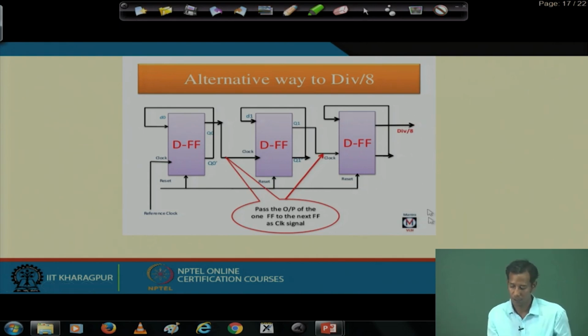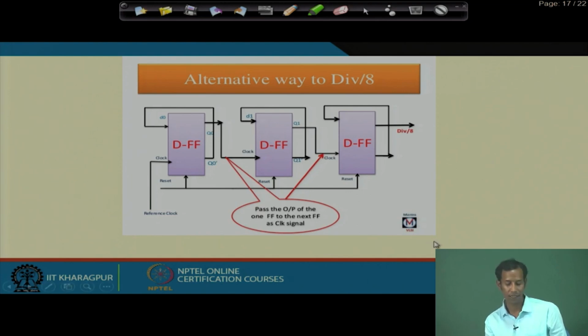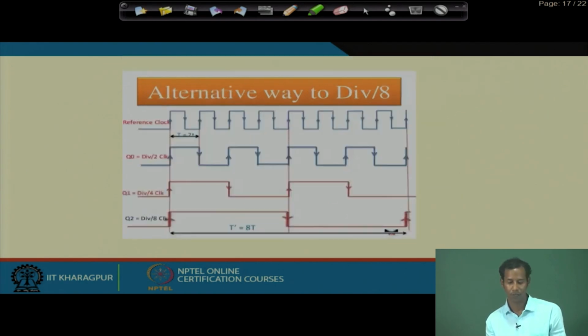So, in this manner we can design divide by 2, divide by 4, divide by 8, divide by 16. This is very much easy. If you need divide by 32, you add another flip flop and it will be divide by 32.